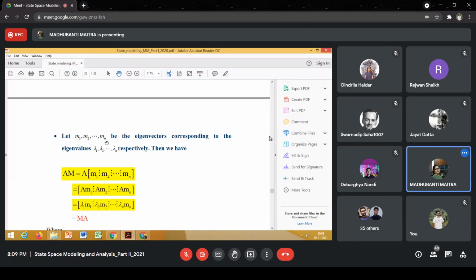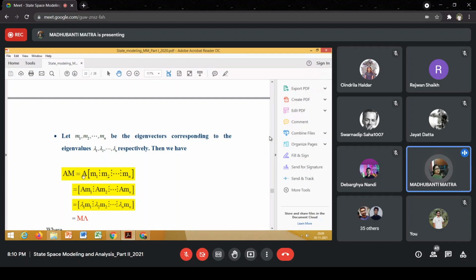We'll see. So let's see that if we consider AM, then it can be expressed as A into M1, M2, Mn. The dots mean we are writing down this vector, then this vector, then this vector, so on and so forth, placing the vectors side by side.